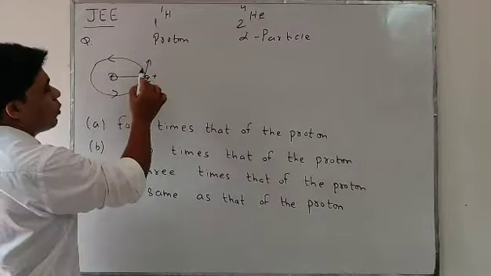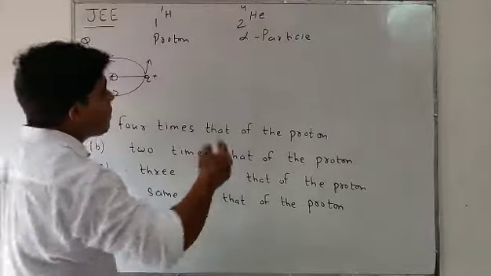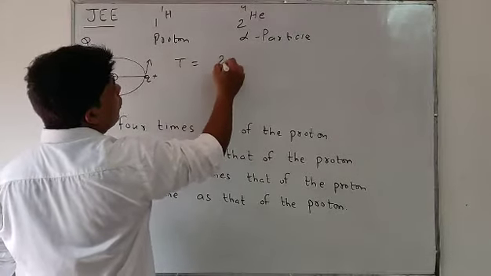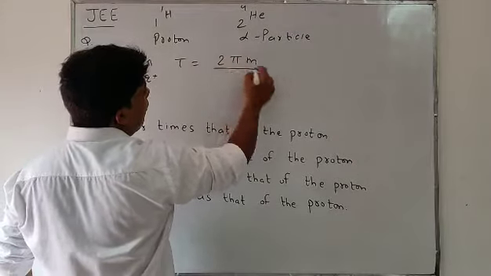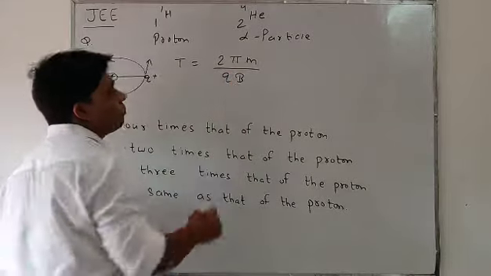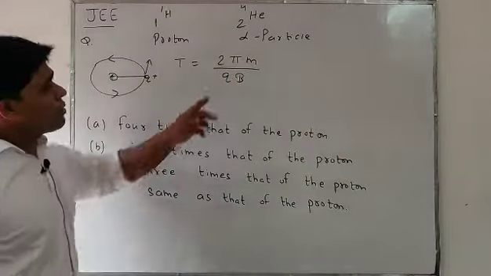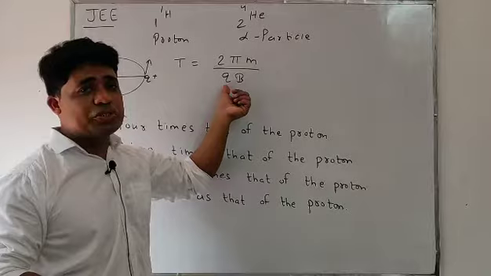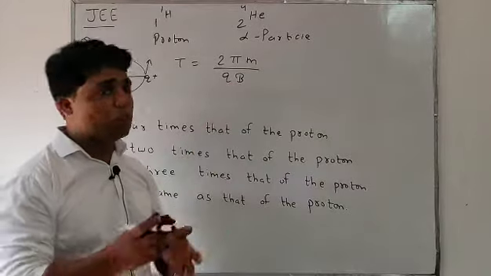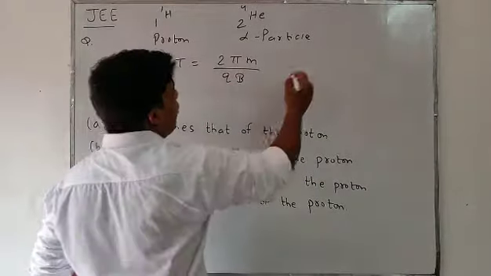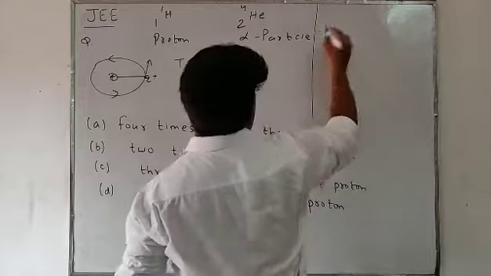The time taken to complete one revolution is called the time period. The time period is 2 pi m upon qB. That is the formula, where m is the mass of the charged particle, q is the value of charge, and B is what? The magnetic field around it.